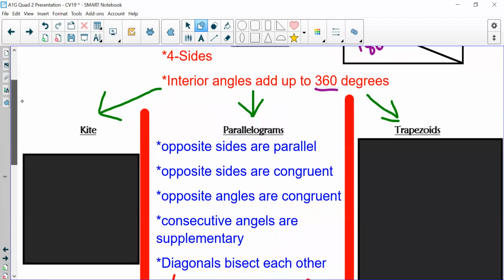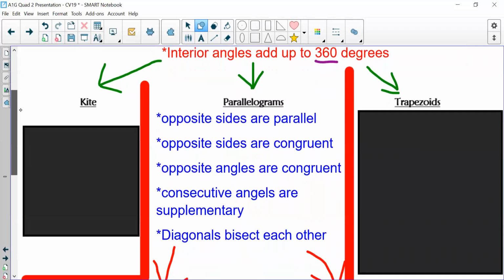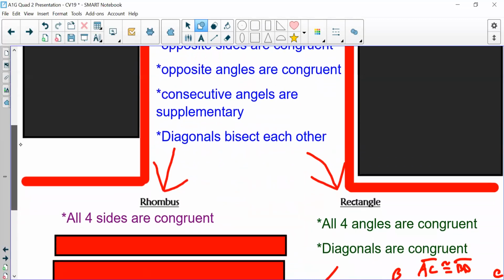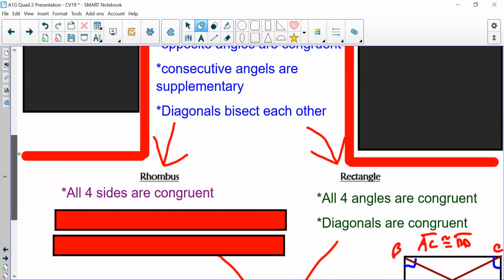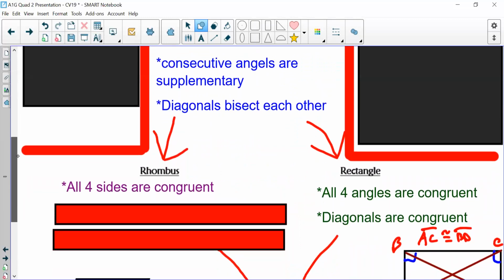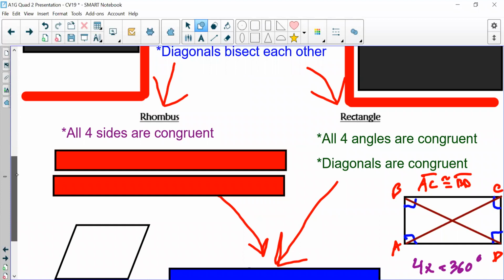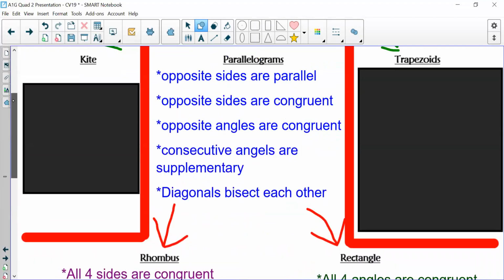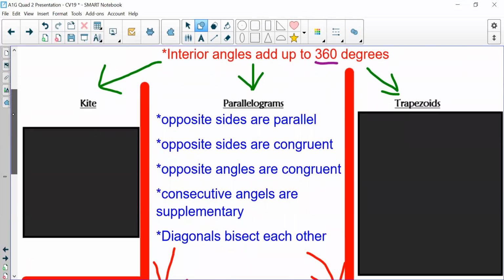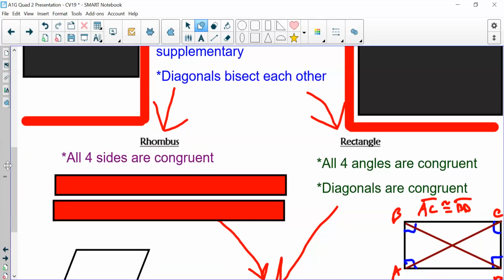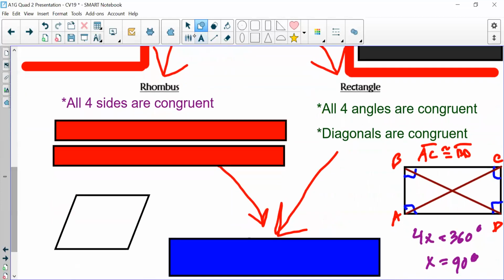If we go down this middle column, we've got parallelograms, which means the quadrilaterals below parallelograms also have all the properties of the parallelograms plus some more specific properties. So rectangles, rhombuses, and squares also have all the properties of the parallelograms and then some more specific additional properties. So a rhombus is a parallelogram that has all four sides congruent.